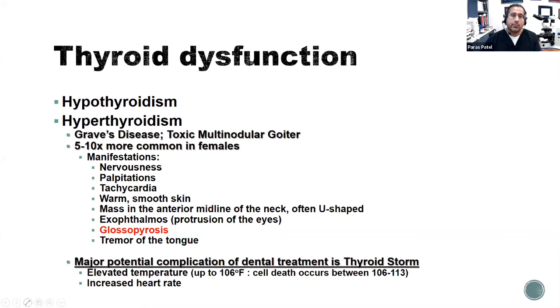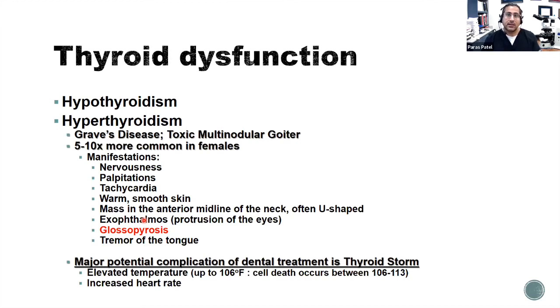One thing that is very important for our patients who present with thyroid disease is to make sure you have their most up-to-date blood work. You want to see how well controlled their disease is, and if there's been any changes in the dosages of their medications. Because if a patient has hyperthyroidism and they don't know it, or it's not properly managed, you are at risk for a major complication during dental treatment, and that's what we call a thyroid storm.